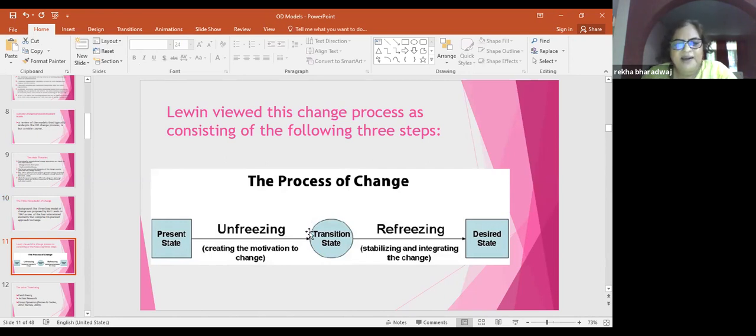And then comes the transition state, in which we sow the knowledge of what is to be changed. And then we go on to stabilize and integrate the change, which is called the refreezing process. That is the state at which you want the desired change to happen.